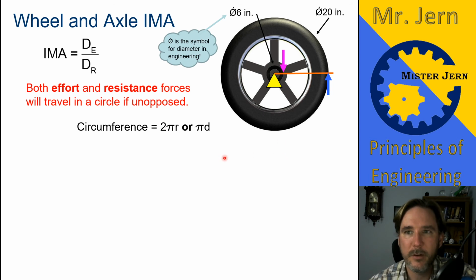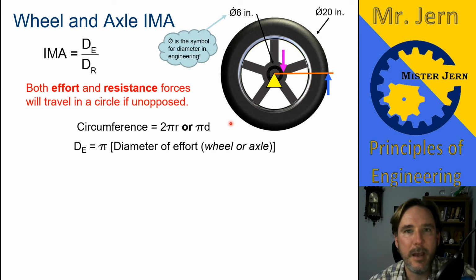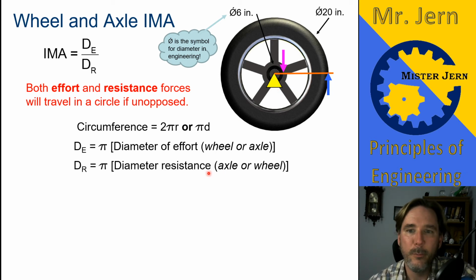So we deal with circumference, and in our case, the effort distance is just going to be pi times the diameter of the effort. We don't know yet whether that's the diameter of the wheel or the axle. We haven't determined that at this point. The resistance distance will be pi times the diameter of the resistance, whether it's the axle or the wheel.